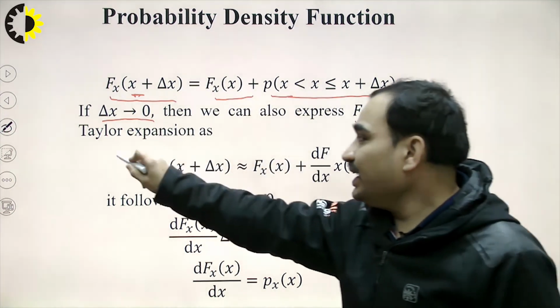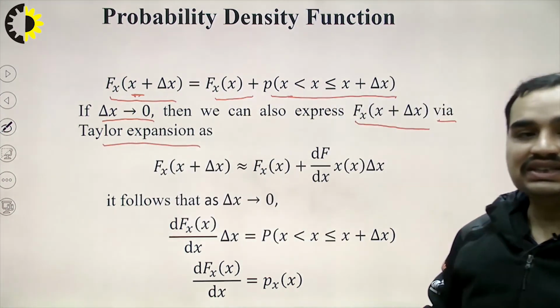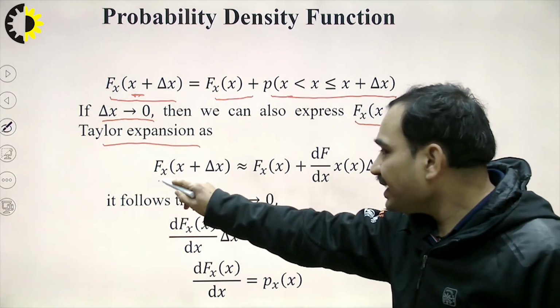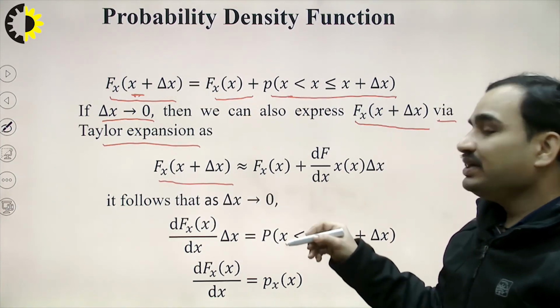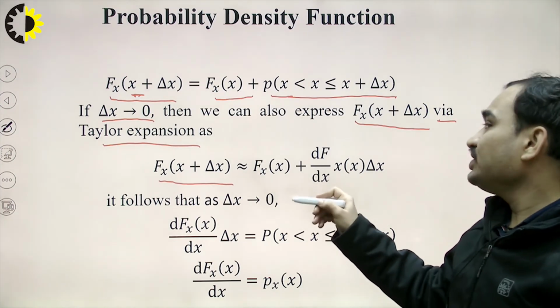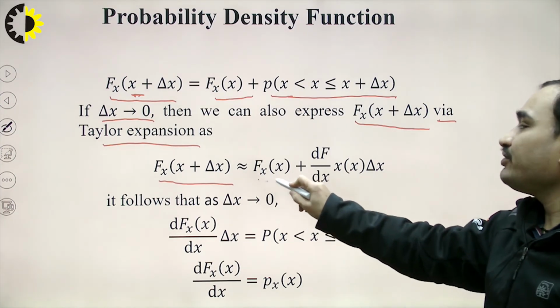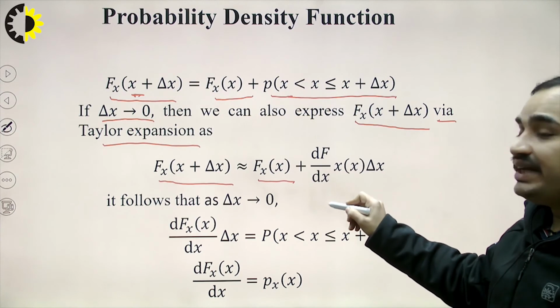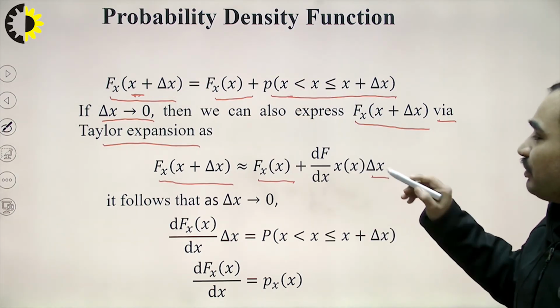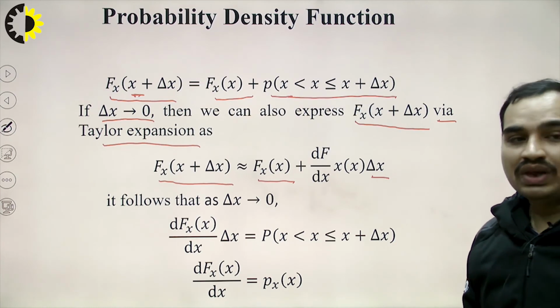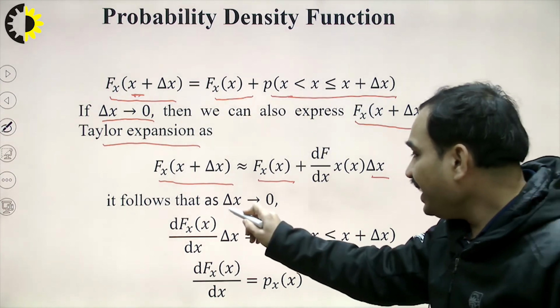Using the Taylor expansion, we can write f of x plus del x approximately equals f of x plus df by dx of the function f of x multiplied by del x. It follows that del x tends to 0.